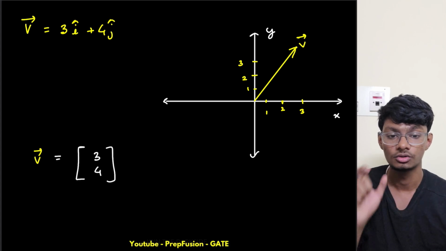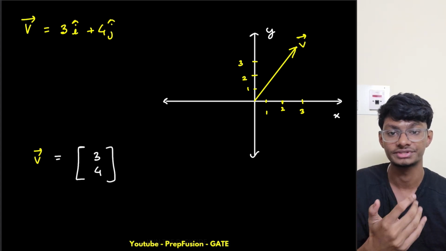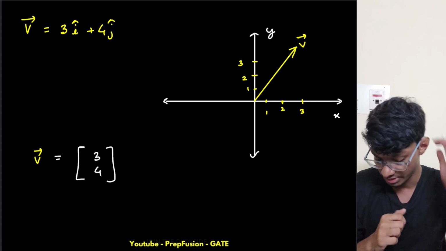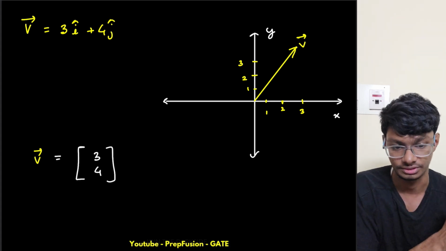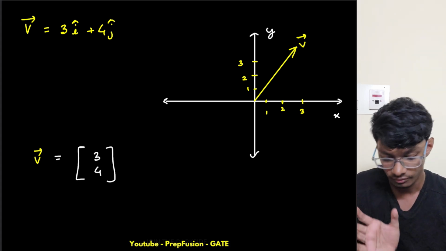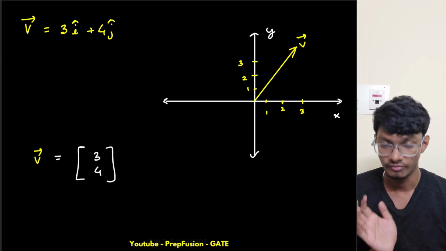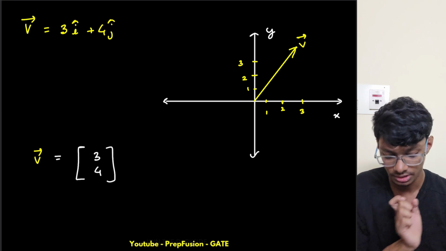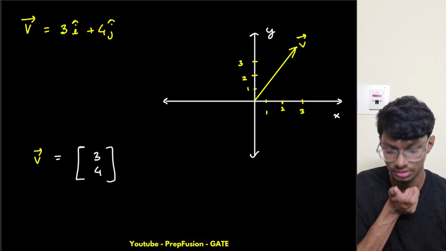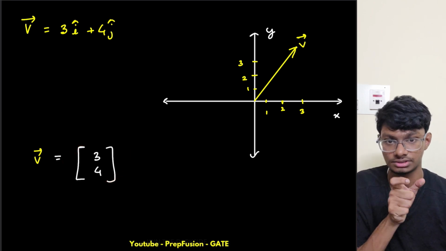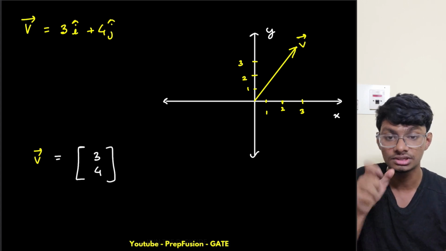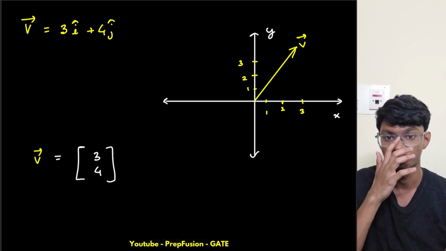It helps us do the linear transformation of vectors. If I want to convert from one basis to another basis, I will do a linear transformation with the help of matrices. Matrices help us compute it much faster.